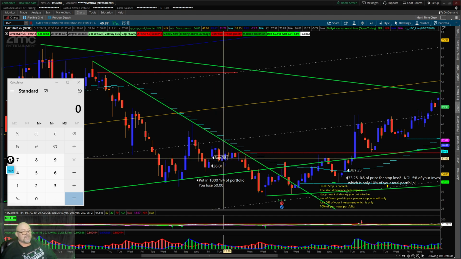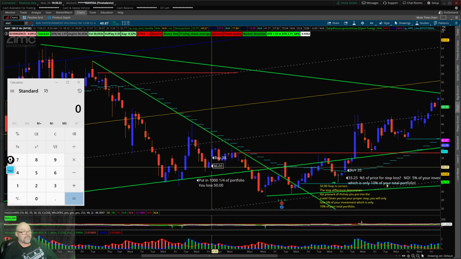So they take the $38, they subtract the 95% away, and that will give you your 5%, which is 36.1. So they put their stop loss in here, thinking that they're on their way up. And what happens? Boom, they get stopped out right here at 36.01.